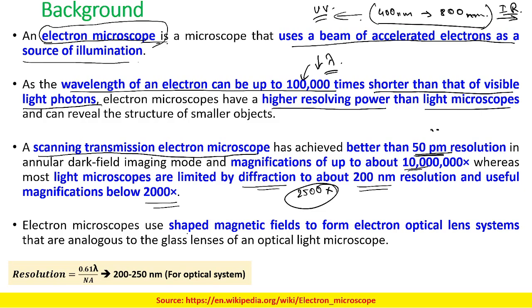And as I already told you, in an electron microscope, the electron optical lens systems, also regarded as electromagnetic lenses, are used to shape the electron beam, and they are analogous to the glass lenses present in the optical light microscope. This I have already told you. For an optical system, we usually get 200 to 215 nanometer of resolution. That means if there are two particles which are 200 to 250 nanometer apart, you will be able to distinguish those particles.